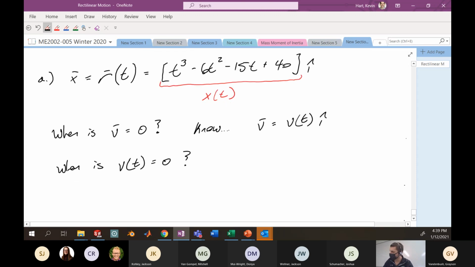All right. Well, I know that my velocity here is dx dt, the change in position as a function of time. That's the derivative of the function given by my x expression.